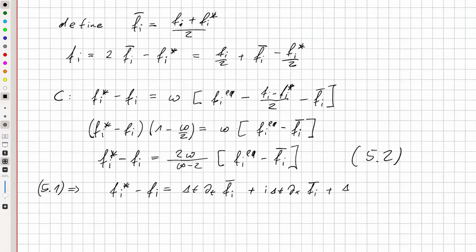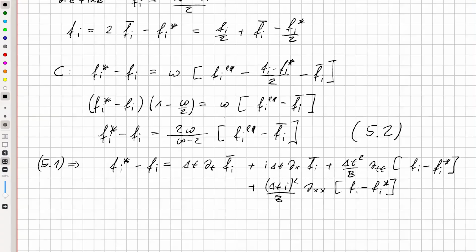Now comes the rest, delta t square over 8 dt, so this is the second derivative in time, fi minus fi star, plus delta t square divided by 8 dxx fi minus fi star, plus delta t square, not 8, it is 4, i dx t fi minus fi asterisk, plus things of order delta t to the cube.